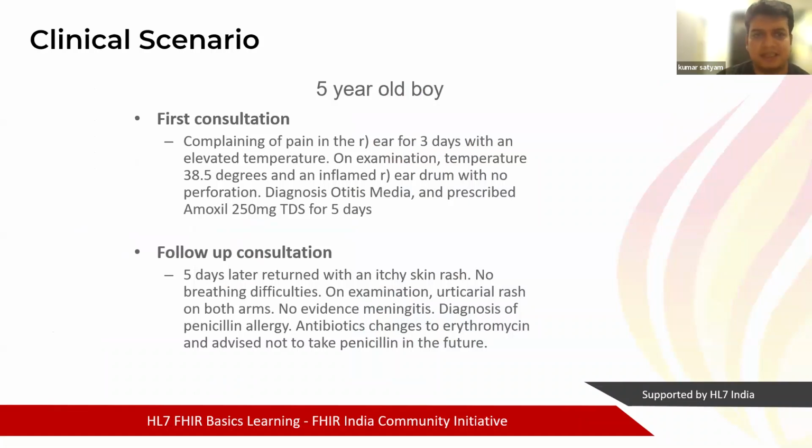In the first consultation, the boy came with a complaint of pain in the right ear. For 3 days, he has had an elevated temperature. His temperature is 38 degrees, and there is some inflammation, and so on and so forth. The follow-up consultation is 5 days later. Some allergies are found, some rashes are there.